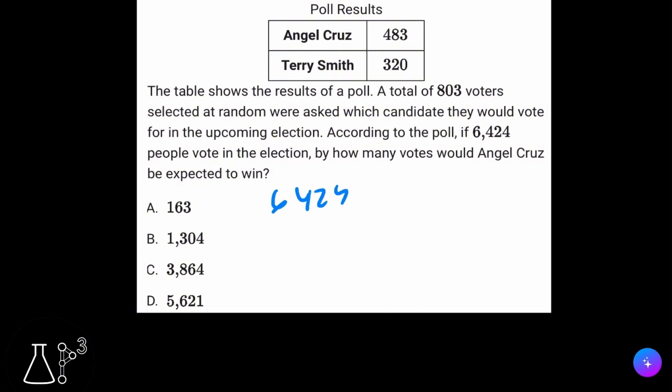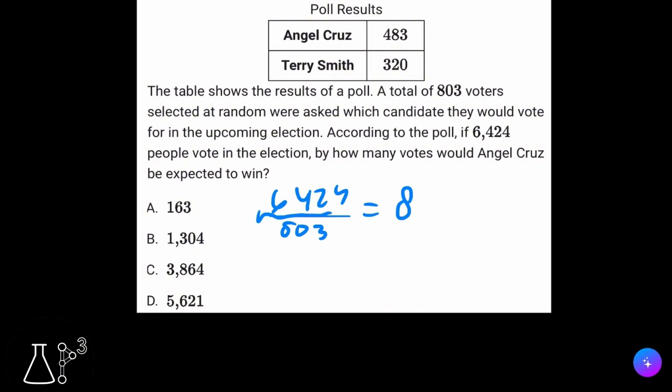So I'm going to do 6,424 divided by 803. If I plug that into my calculator, we get a ratio of 8. That basically means that we just multiply the total voters selected at random by 8 to figure out the total population of the election.